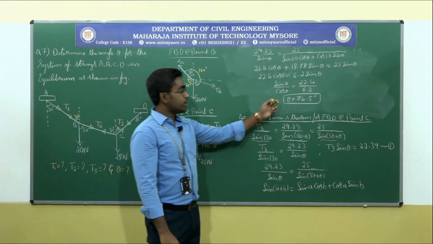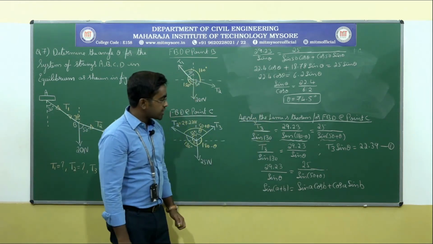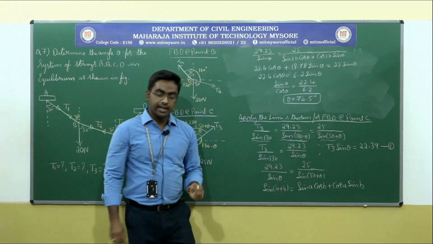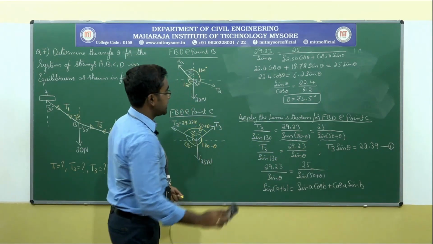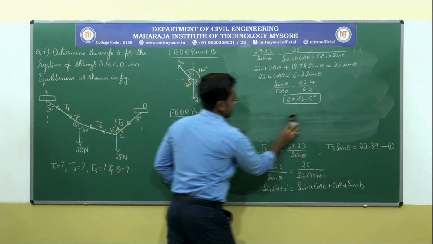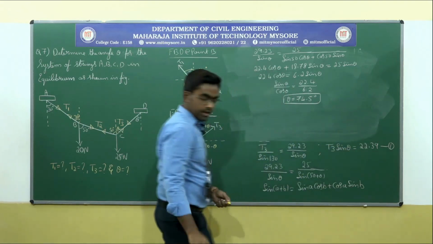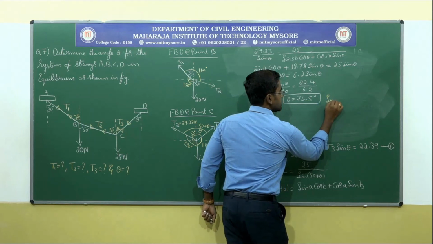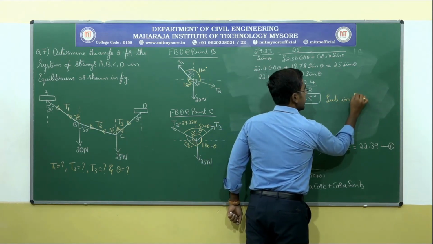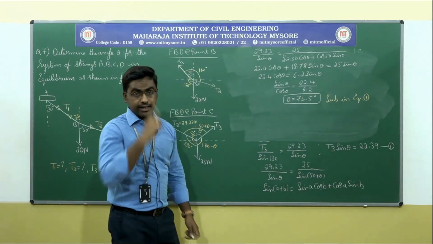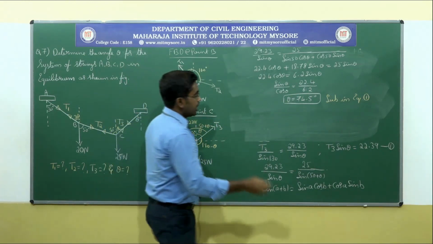Now you can substitute this theta value in equation number 1 in order to get T3, right? So let me substitute that. So I am going to substitute this theta value in equation 1 in order to find out T3, right?